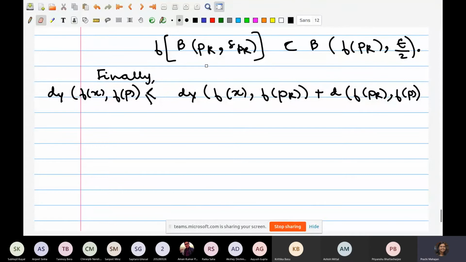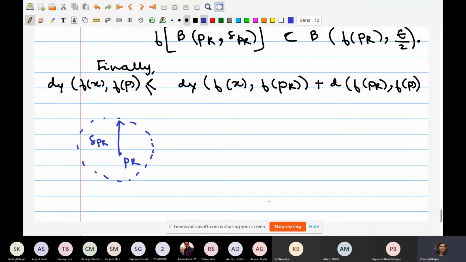Let me draw a little picture here, if that makes you feel a little bit better about what is happening. So I have the point Pk, and I am looking at the delta pk neighborhood of this point, and then I have the point fpk, and I'm looking at an epsilon by 2 neighborhood of this point.